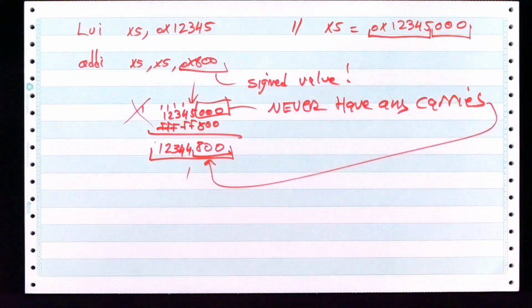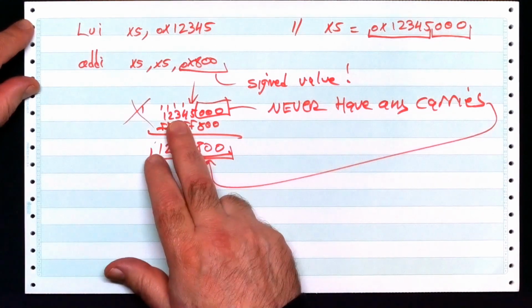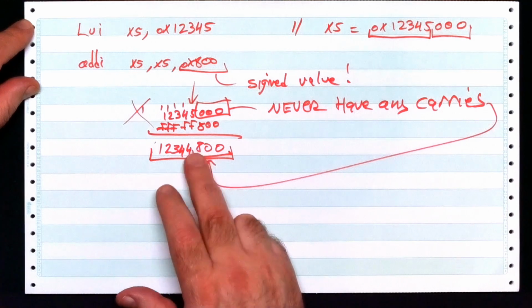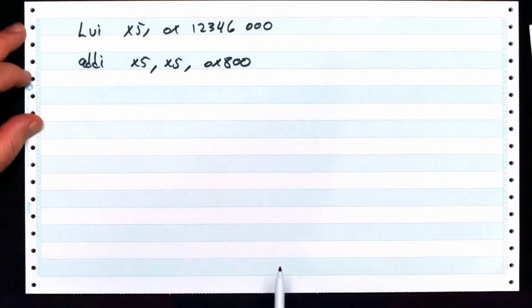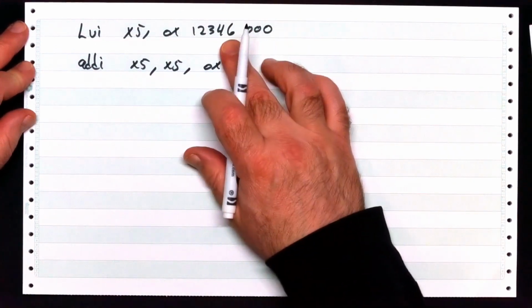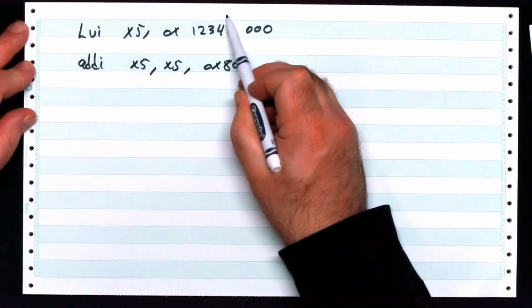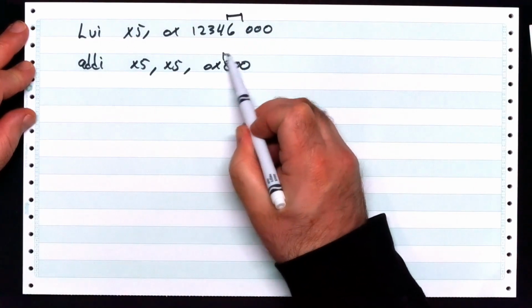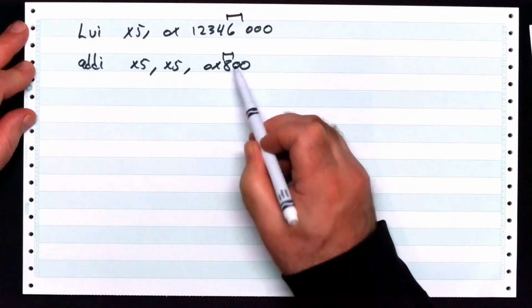So let's do it again. And look what happens if we increment this value by 1 when we have a negative value here, right? All right, so let's see what happens when we do it this way. We incremented this by 1 because the sign bit here is on.